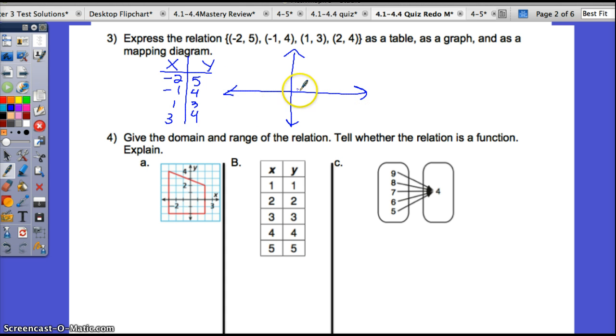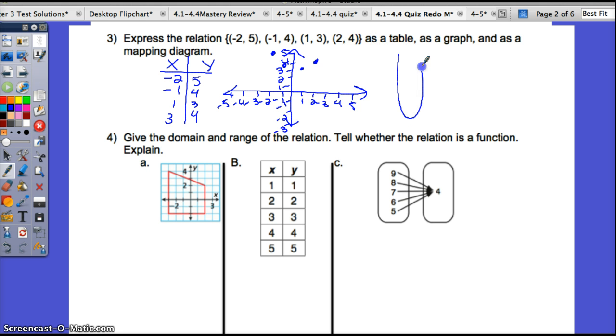Make sure that you have labels 1, 2, 3, 4, 5, -1, -2, -3, -4, -5 on both axes. So then you graph them: (-2, 5), (-1, 4), (1, 3), and (3, 4). And you do not connect them because these are your only ordered pairs.